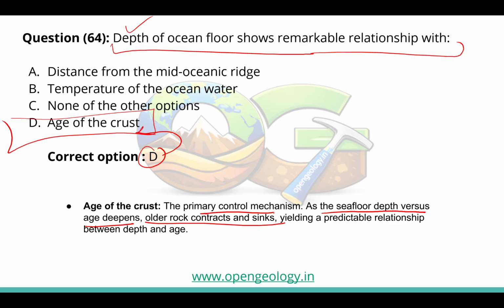As it goes away from the mid-oceanic ridges, it gets older, and as it gets older and moves away from the heat, it starts to contract. It becomes a little higher in density and starts sinking. That sinking yields a predictable relationship between depth and age. So the correct option will be option D.